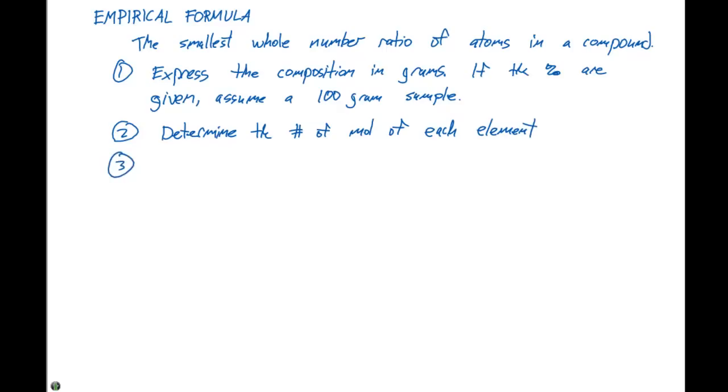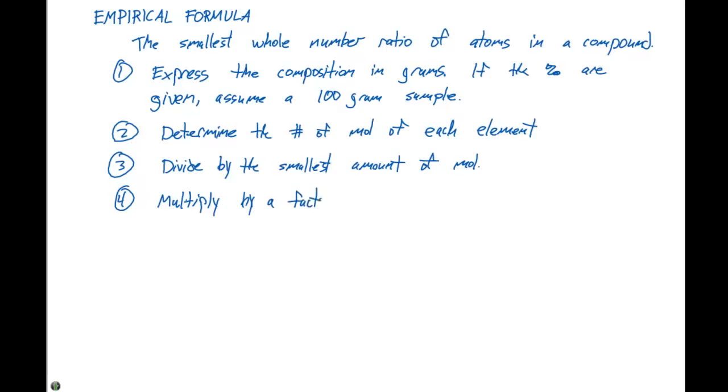Step number 3 would be to divide by the smallest amount of moles. Step 4, multiply by a factor to get whole numbers.